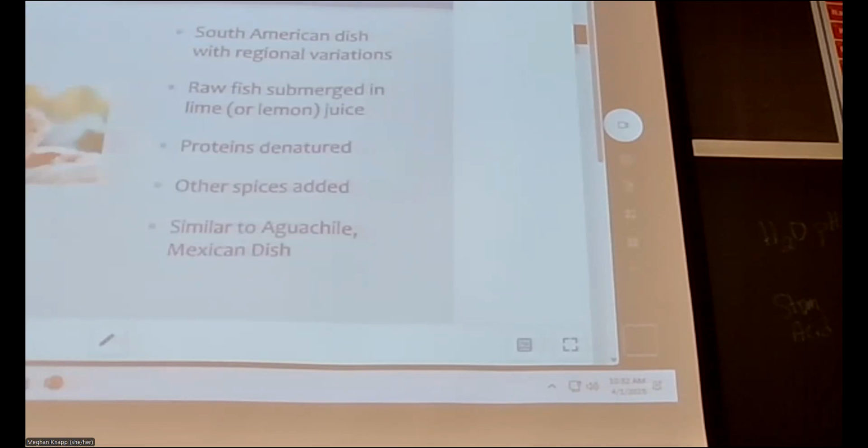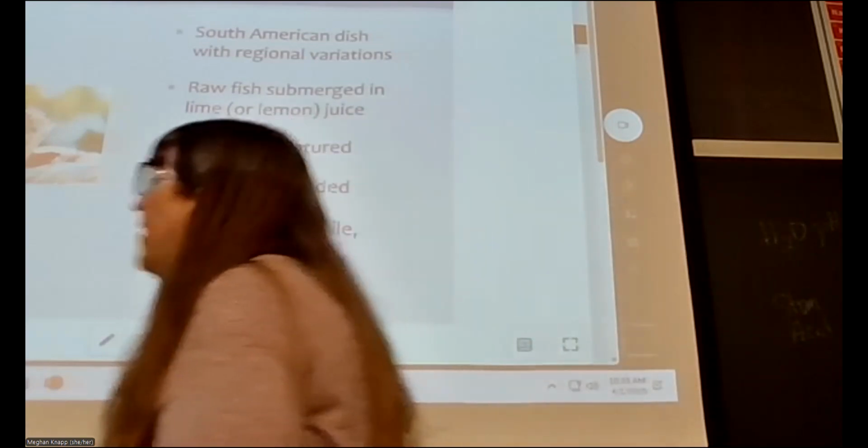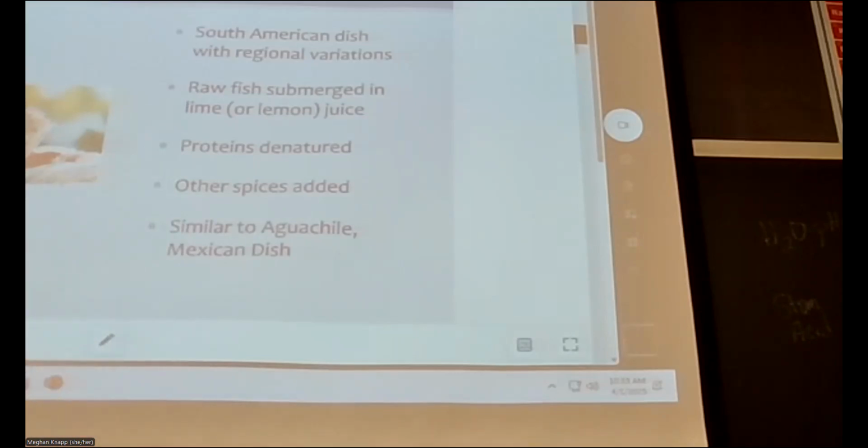Okay. So another way that we use acids in cooking is ceviche. I've never had this. If you think of sushi, we think of that as an Asian dish, usually Japanese, where it's raw fish. So with ceviche we're starting with raw fish and we're going to cook it, or some people, instead of saying cooking it, say they're curing it by soaking it in lime juice or lemon juice.